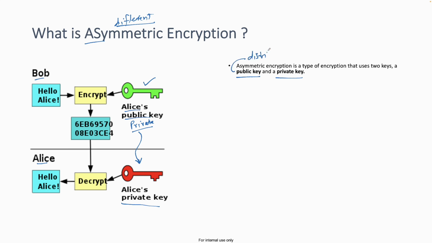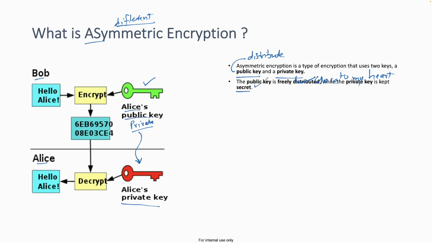I will simply distribute it. But the private key is something that is close to my heart. Never share your private key. It stays with you. So the public key is freely distributed while the private key is kept secret.